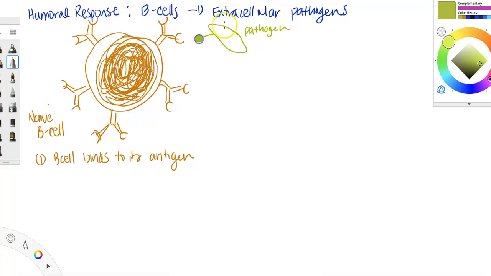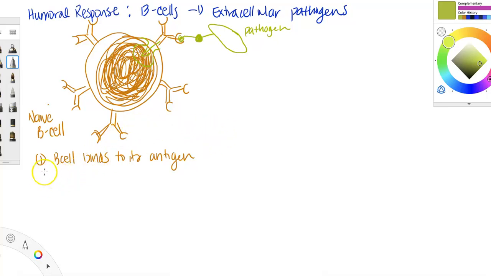Let's say this antigen is for here. So it's going to bind inside this receptor site on the antibody, which is the receptor of the B cell. Once it binds, it will endocytose this whole thing into the cell.